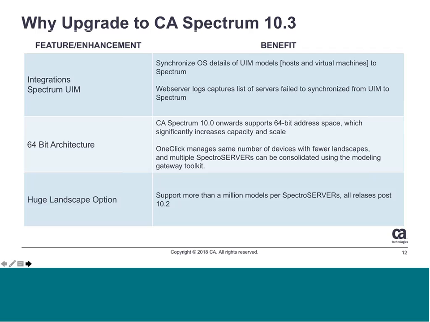We now have the ability to look at web server logs and capture a list of servers that fail to synchronize between the UIM and Spectrum. So the crux of it is, as we look at the cumulative benefits of Spectrum 10.3, it really provides a strong case to start looking at each of these features more carefully and start planning that upgrade for Spectrum 10.3.